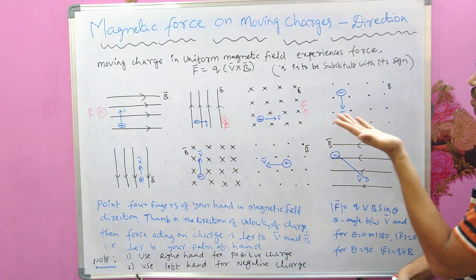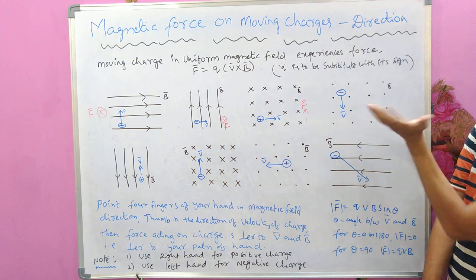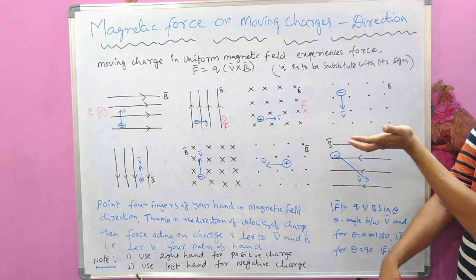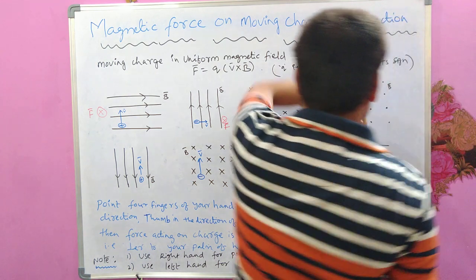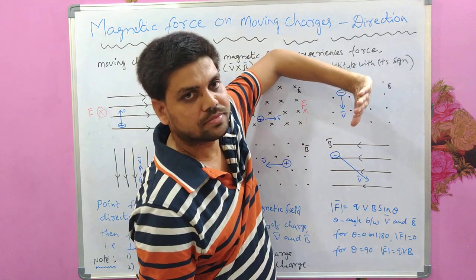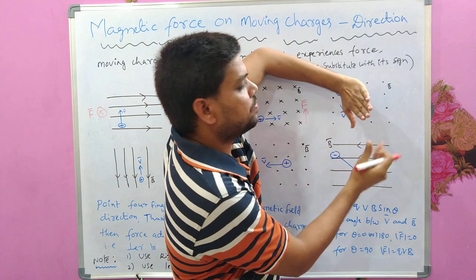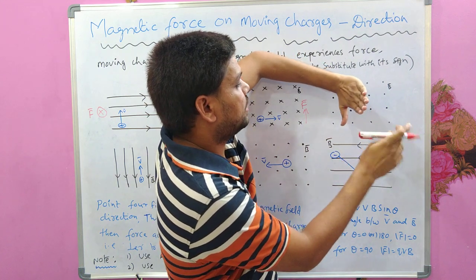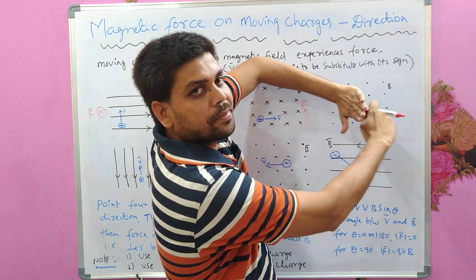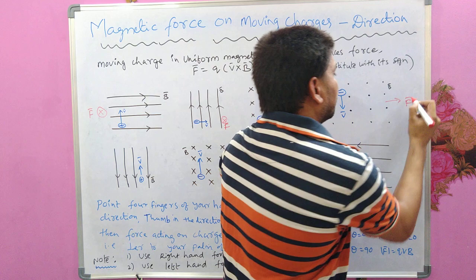You just have to point your fingers outwards, this way. Your thumb represents the velocity direction and four fingers represent the magnetic field direction. The force will be in this direction. The force acting on this will be this way.